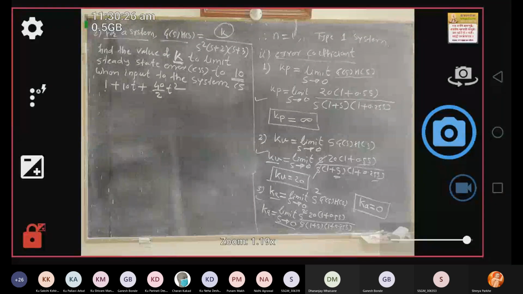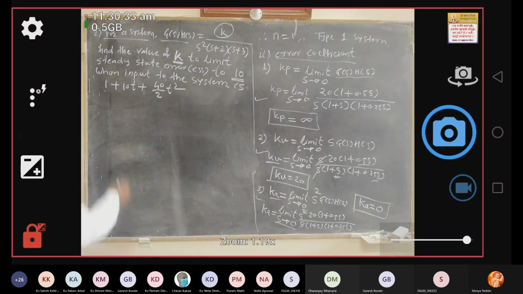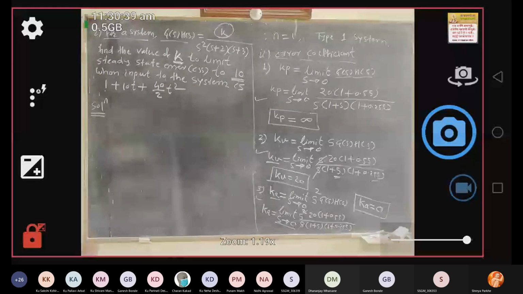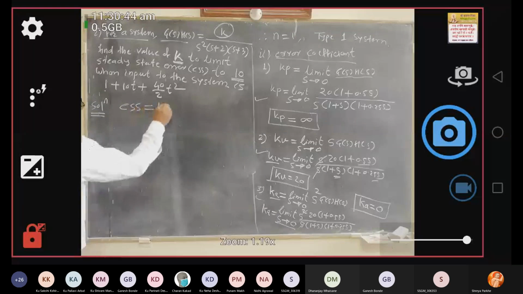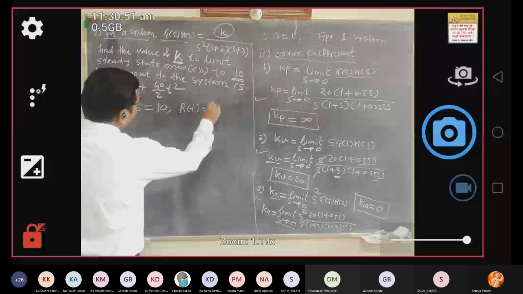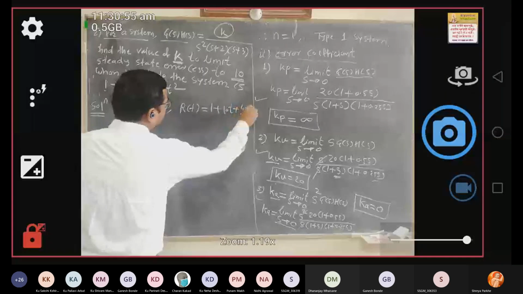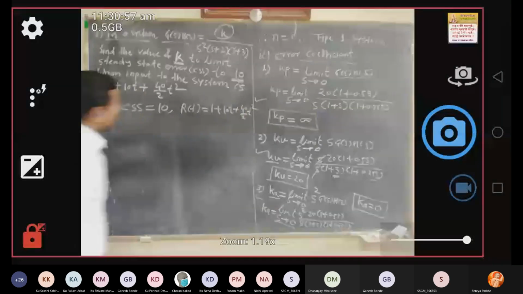First of all, write down the given data. What is given? That is steady state error is limited to 10, and when input is here r of t is given 1 plus 10t plus 40 by 2 into t square.